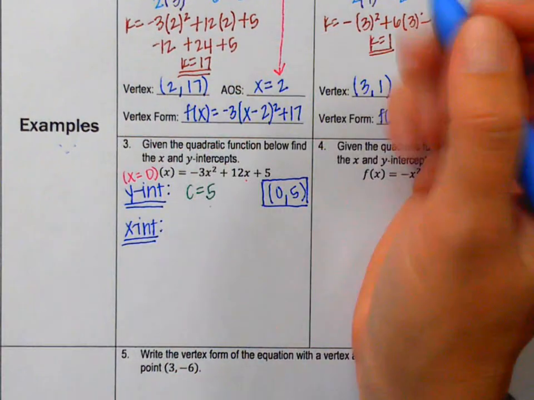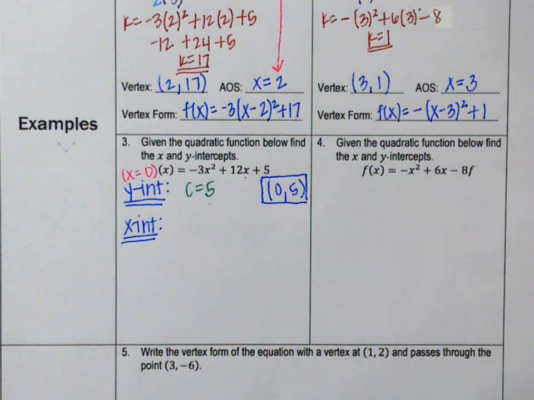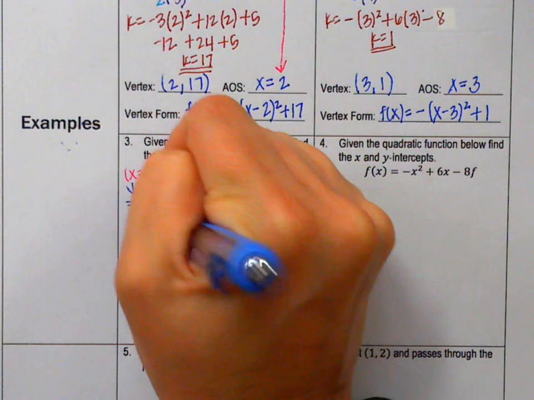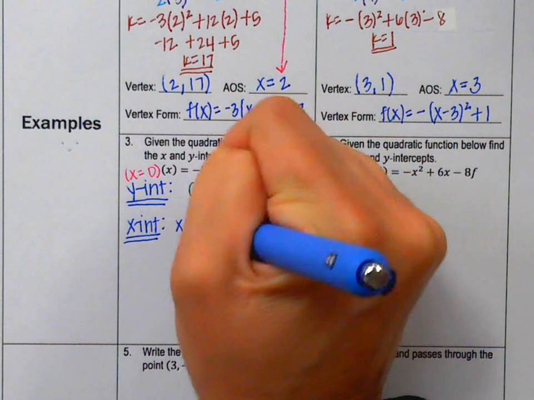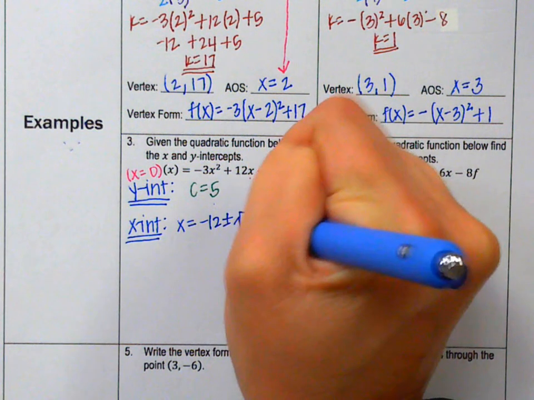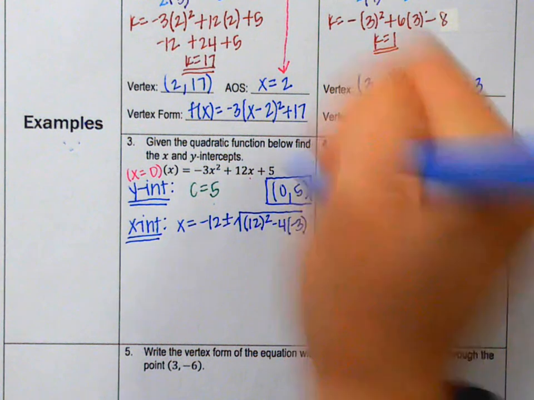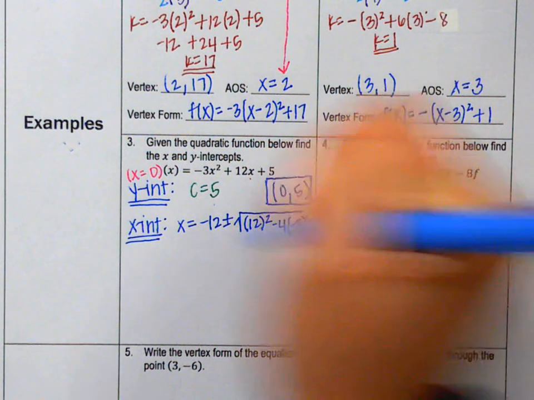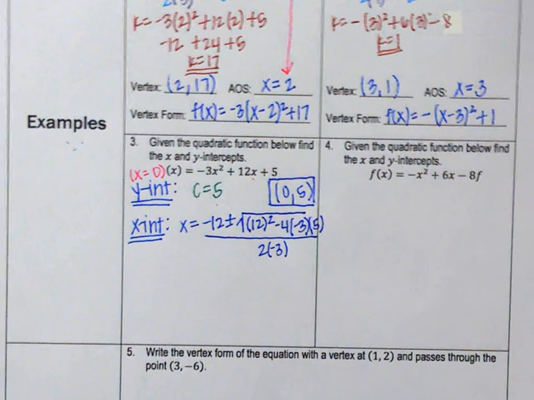Okay, so we're going to use the quadratic formula because we can't think of our two factors off the top of our head, and it is not factorable. So that would be the opposite of b, so the opposite of 12 plus or minus the square root of b squared minus 4 times a, which is -3, times c, which is 5, all divided by 2 times a.